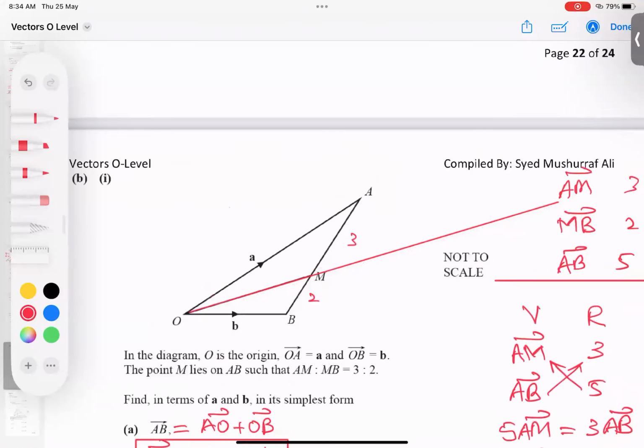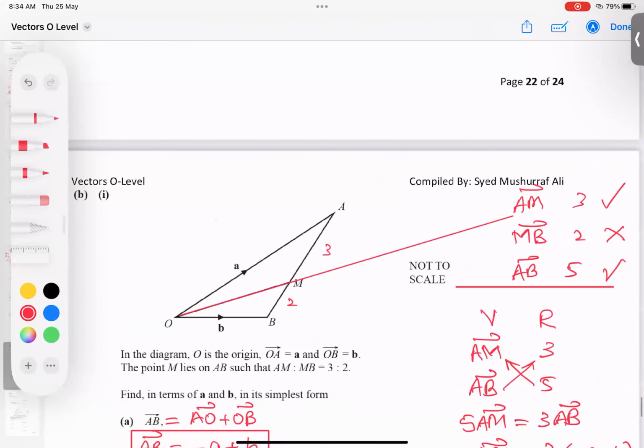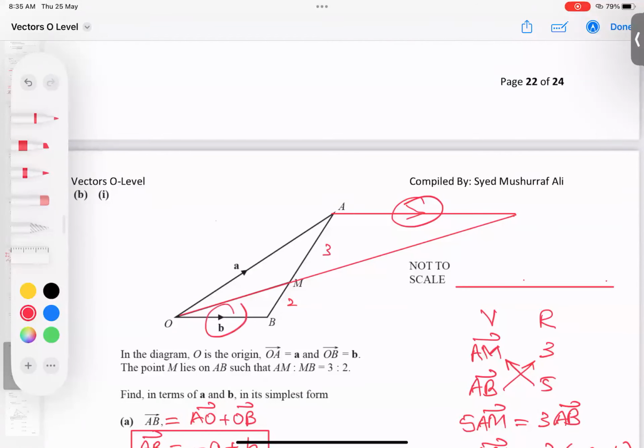What's the logic behind it? Let me erase the values, they are disturbing to us. Why stop here? Because if I join this with that, this vector becomes parallel to this vector. You can ask me how you know, sir, what is the logic behind it?